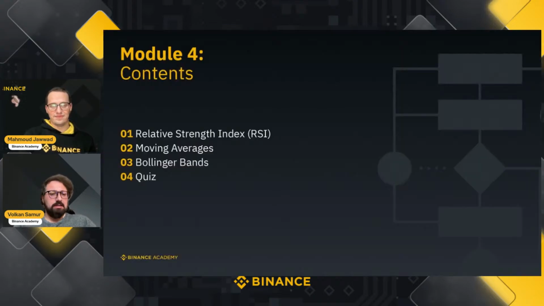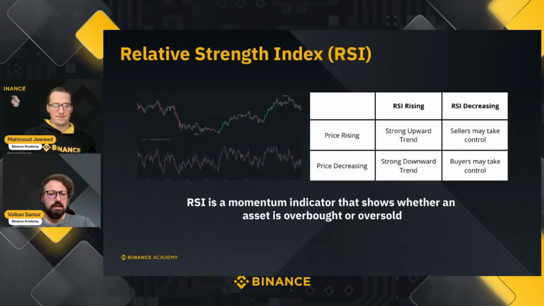So let's start directly. There are a couple of indicators I will dive a little bit deeper into: first of all RSI, the relative strength index, moving average, Bollinger Bands, and then of course we have a quiz.